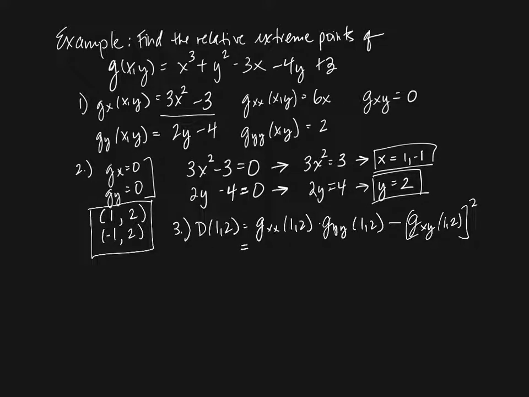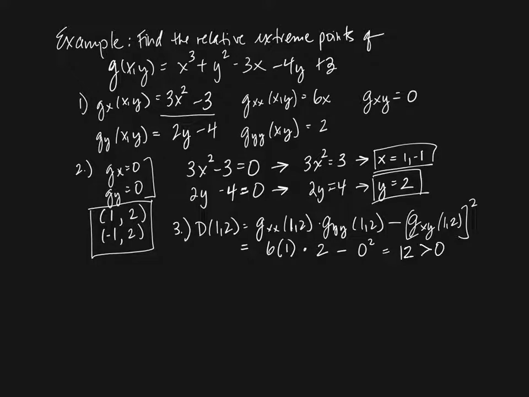Okay, so g xx is 6x. So this is going to be 6 times the x coordinate, so that's 1, times g yy, which is just plain old 2, and then minus the mixed partial, which is 0 squared. So this is 6 times 2 is 12, and so this is positive.